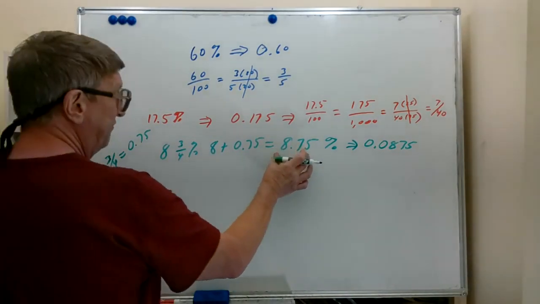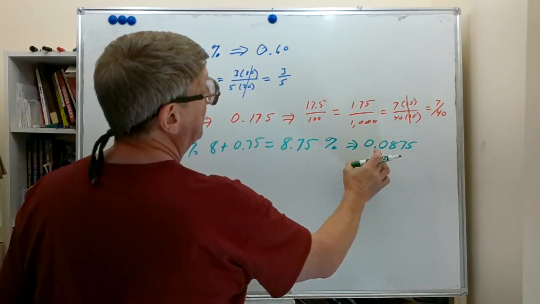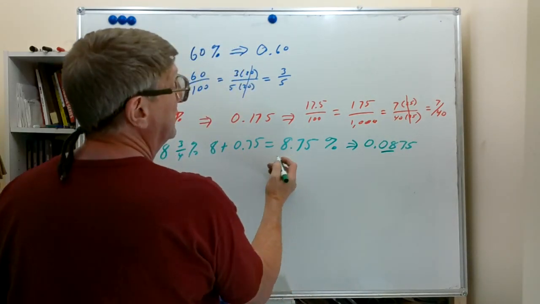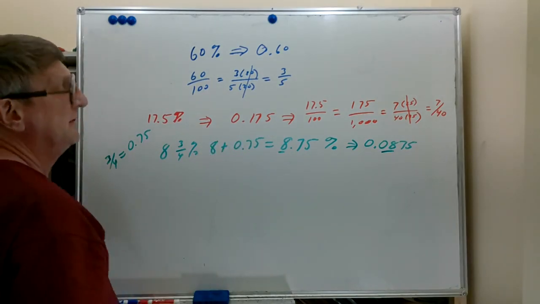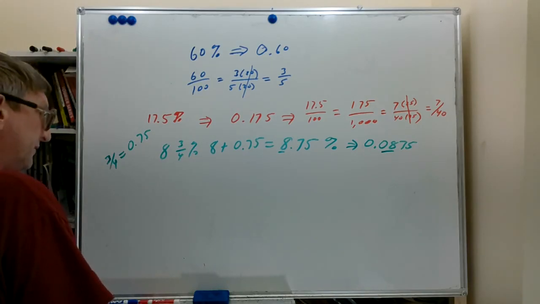There's the decimal version of 8.75%, which is 0.0875. And you notice here's the hundredths part, which is the percent part, 8/100ths, 8%, and then a fractional part of a percent.